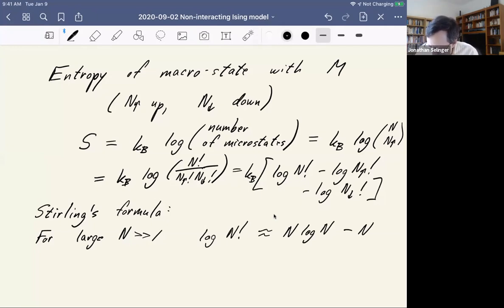And likewise, the log of n up factorial is approximately equal to n up log n up minus n up, and the same for n down.